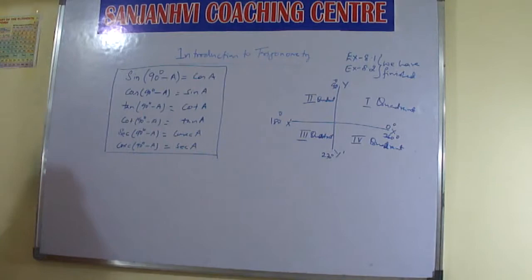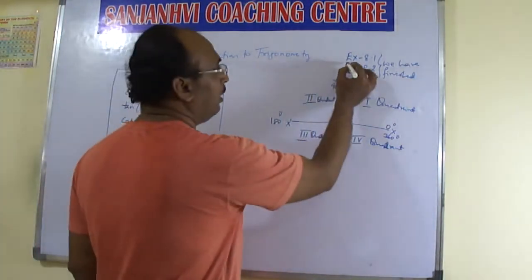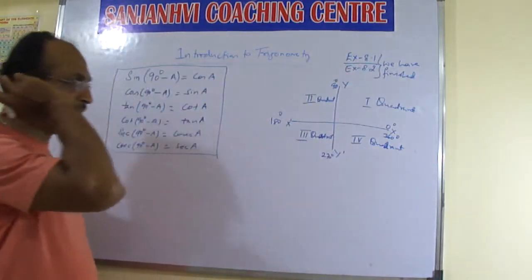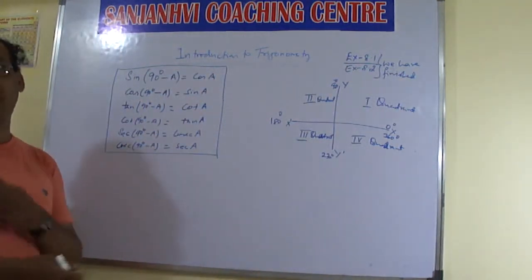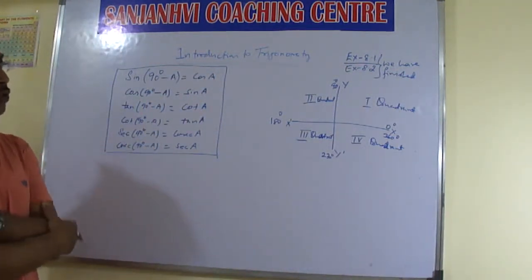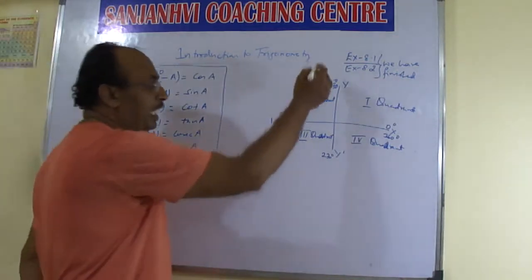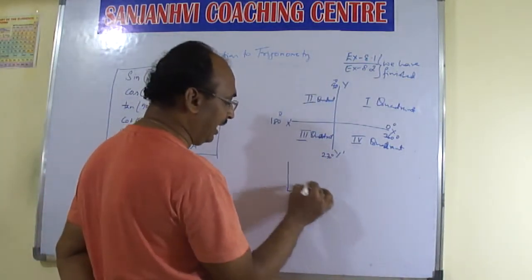in exercise 8.3. See, in exercise 8.1, basic trigonometry was used. So what was the basic trigonometry? In exercise 8.1 we were drawing a right angle triangle.